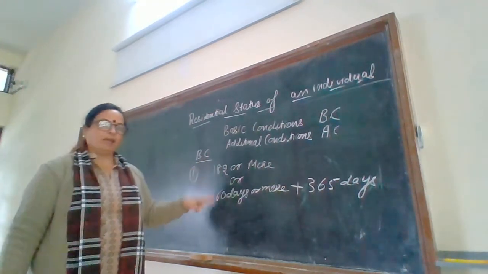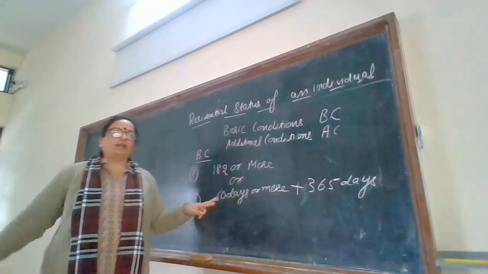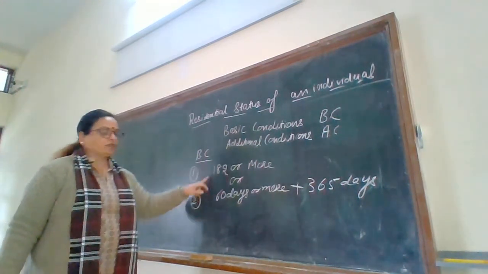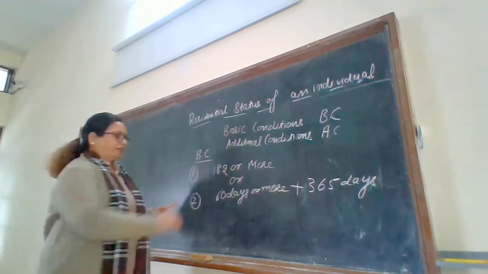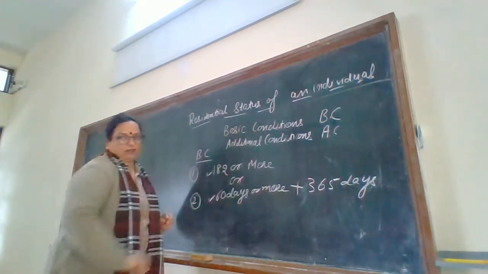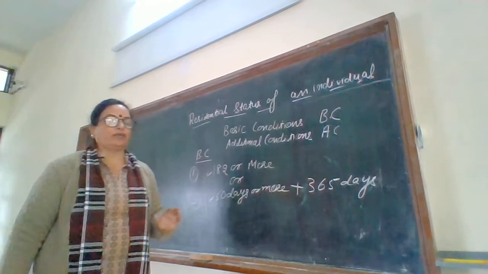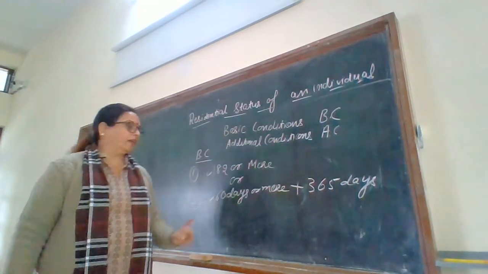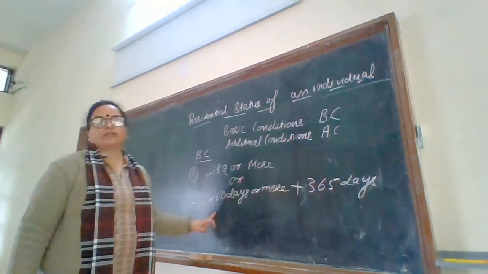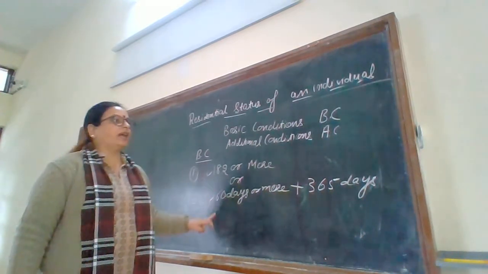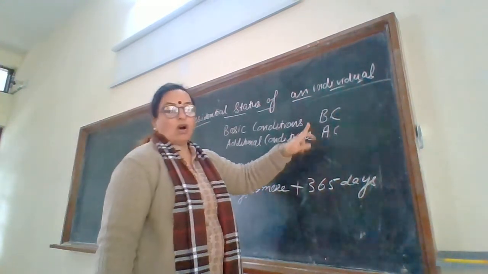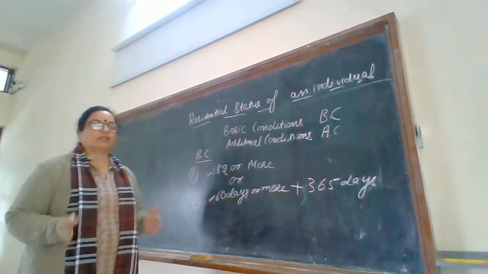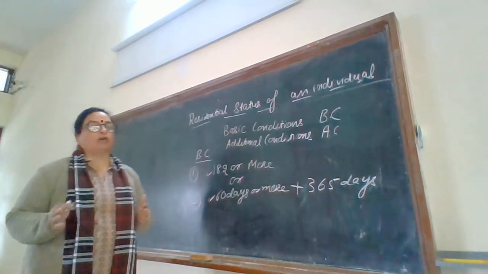So to become a resident of India, the person should fulfill one of the two basic conditions, either this one or this one. Then he will be said to be a resident of India. But if the person is not fulfilling either of the two basic conditions, he will be said to be a non-resident of India.